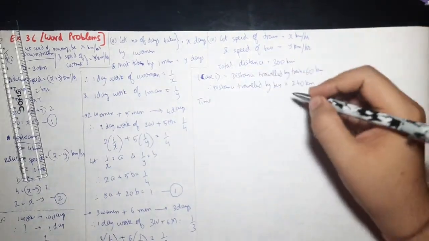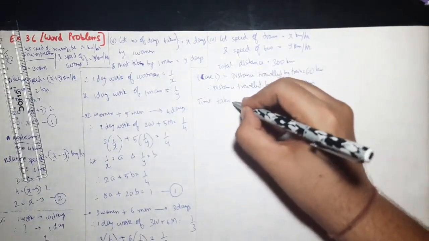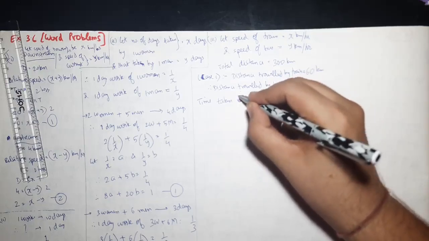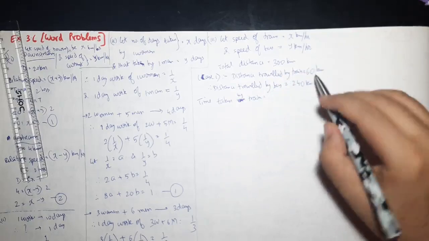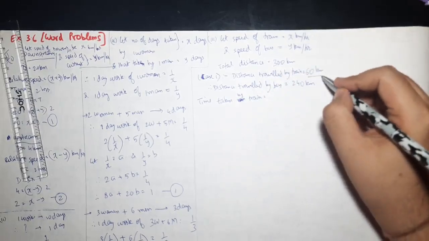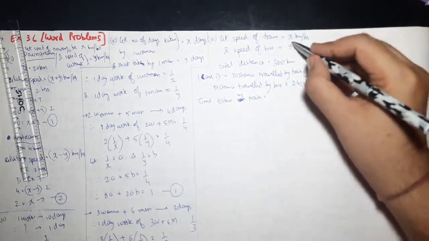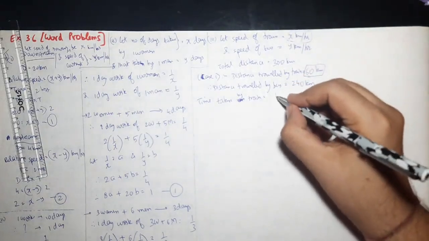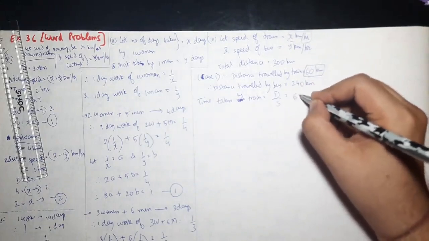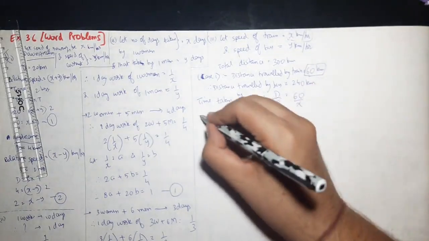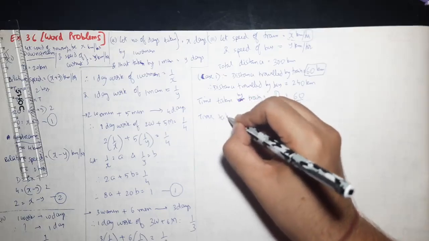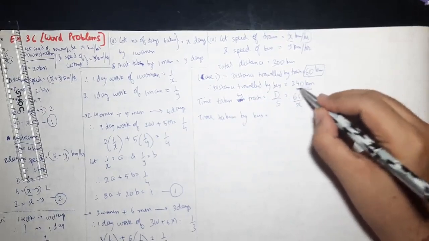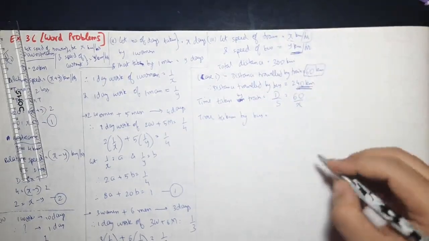Time. How will you find time? The distance traveled by train is 60 kilometers and the speed of train was x kilometer per hour. So the time taken by train will be distance upon speed, that is 60 upon x. Time taken by bus: the distance traveled by bus is 240 and the speed of the bus is y.